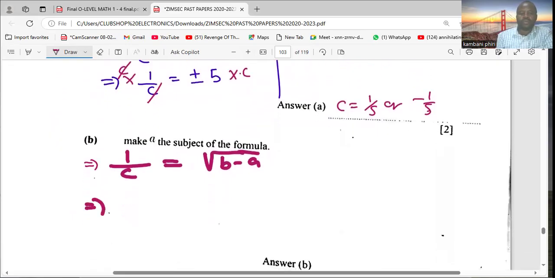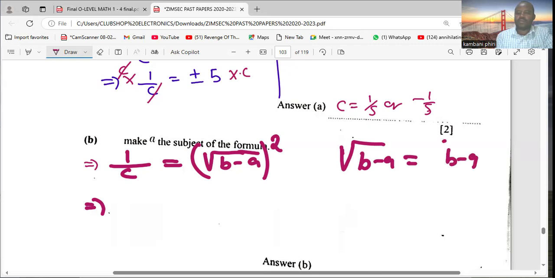So what do we do? If you want, we can raise both sides to power 2, because this is the same as B minus A, the power 1 over 2. So when you raise to the power 2, it will be able to cancel out. All right?